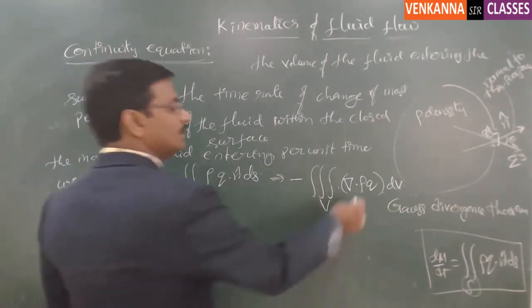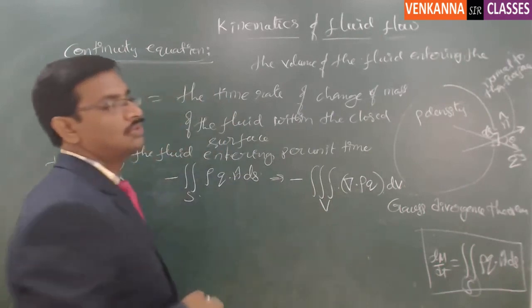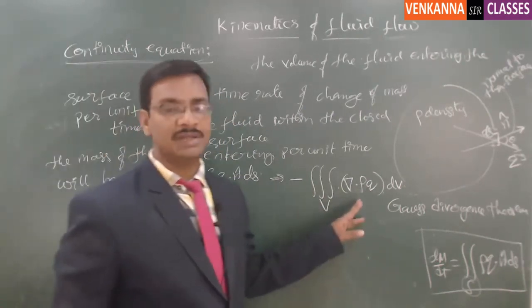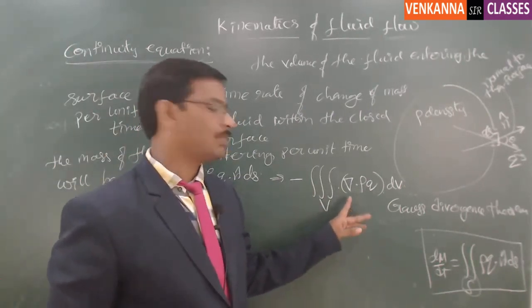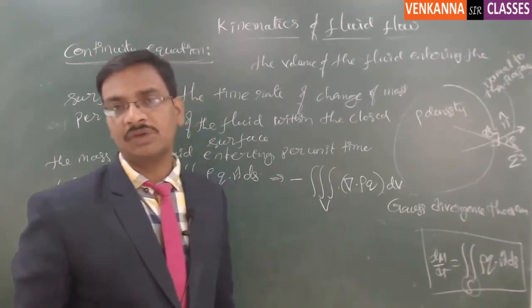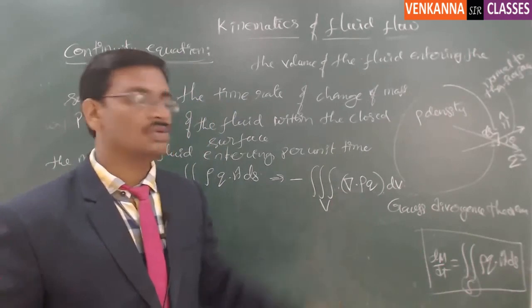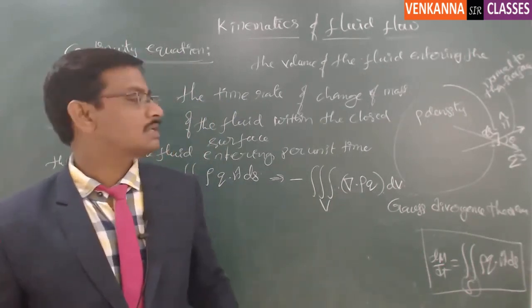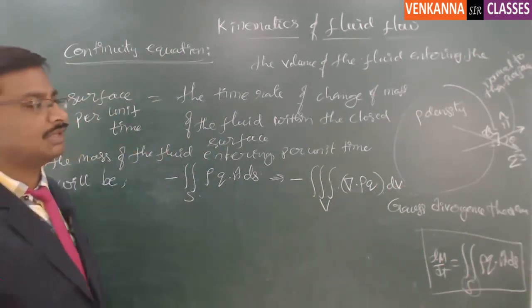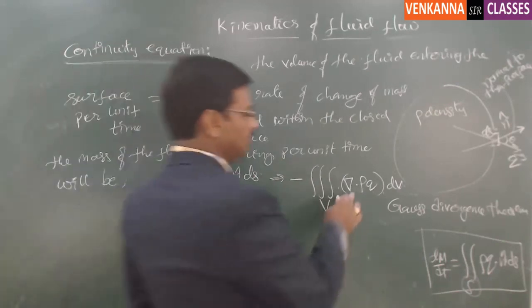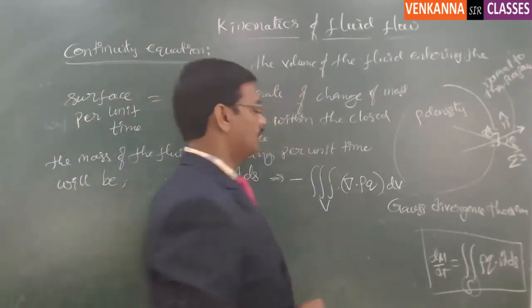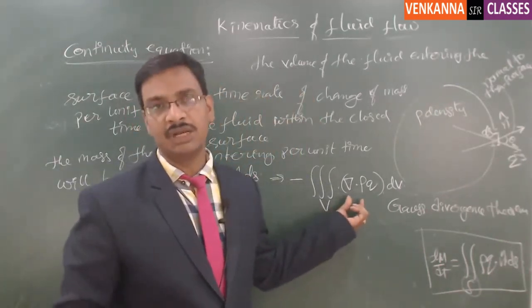That's why del dot rho q. As I told you earlier, del dot, the divergence, is nothing but the accumulation capacity, or how effectively it is getting accumulated. That's what del dot is. So if del dot q is equal to 0, then we call that solenoidal fields, right? Solenoidal fields means incompressible fluids.